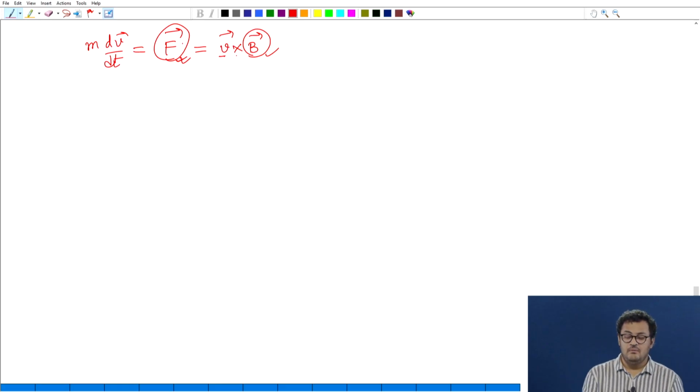So if you really search in nature, you will see that such a force is actually possible when b is the magnetic field, and there is a proportionality constant which is given by the charge of the particle. So this is the motion of a charged particle with charge q.